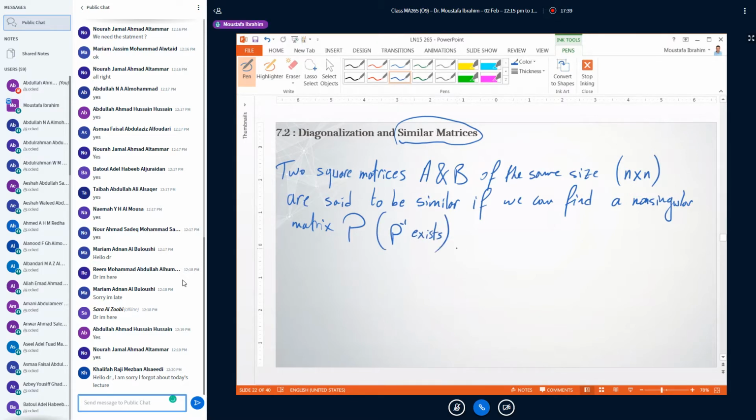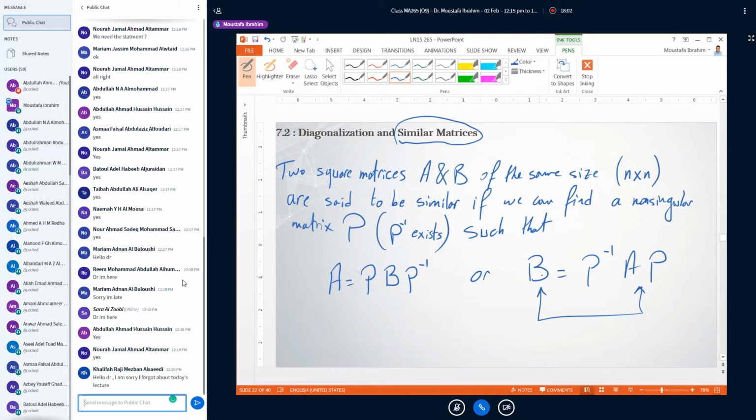It means you can find the inverse of this matrix, such that, this is the most important, A equals P B P^-1. So you see, B is in the middle between P and P^-1. Or you can write B equals P^-1 A P. So if you can find two matrices, one equal to another one in the middle between a matrix and its inverse, it means these two matrices are similar.